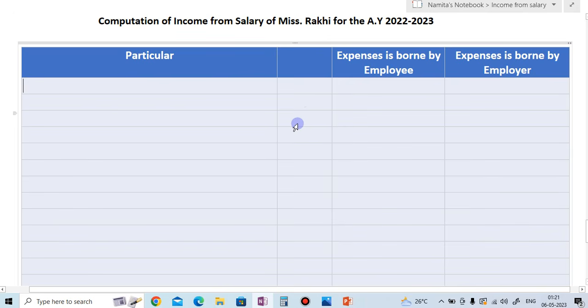If there is any working note, we'll do it here, and the final amount we write in these two columns. If expenses are borne by the employee, here we'll get the income from salary of Miss Raki. And if the expenses are borne by the employer, then we'll get the income from salary of Miss Raki.